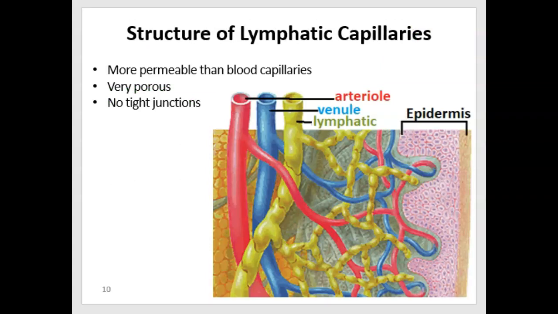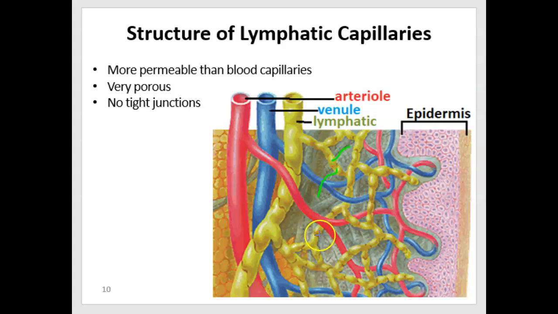So lymphatic capillaries is where lymph begins as interstitial fluid enters these capillaries. And the capillaries are interwoven with the blood capillaries. The lymphatic capillaries look similar, but they're much more permeable than the blood capillaries.